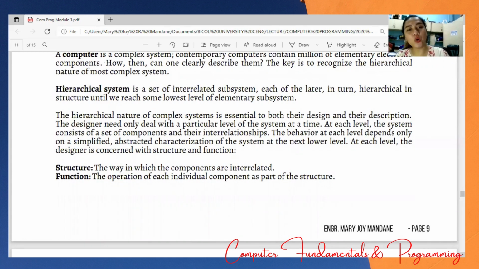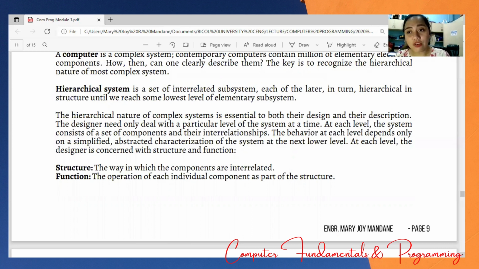So the designer need only deal with a particular level of the system at a time. At each level, the system consists of a set of components and their interrelationships. The behavior at each level depends only on a specified abstracted characterization of the system at the next lower level. And at each level, the designer is concerned with structure and function.